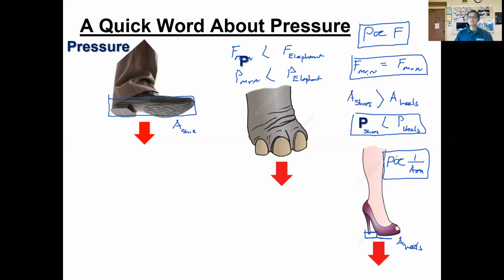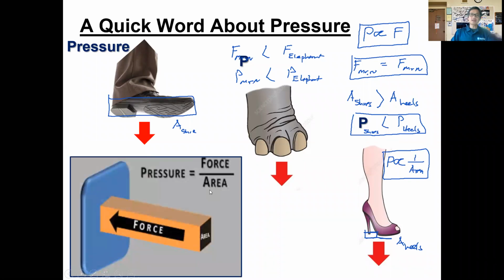Okay? So there are two factors that determine the pressure that an object exerts on another object. And we can relate that to the equation for pressure, which allows us to see the relationship between force and area and how it affects pressure.